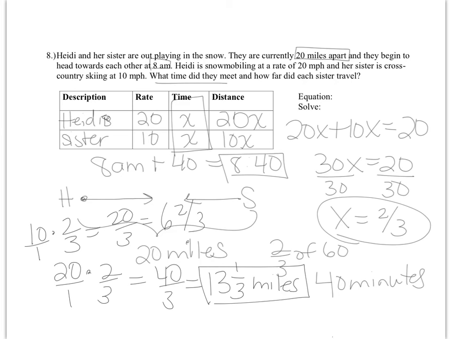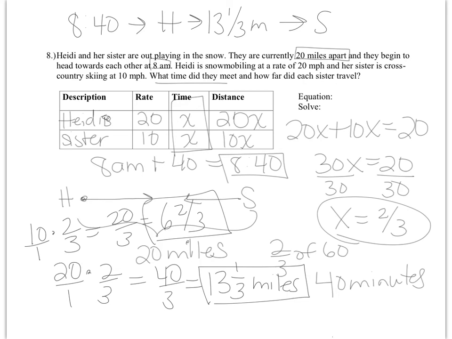So the answer to the question, let me put the answer at the top: at what time did they meet? They met at 8:40, and Heidi traveled 13 1/3 miles. And her sister traveled 6 2/3 miles. So that's the answer to the entire question.